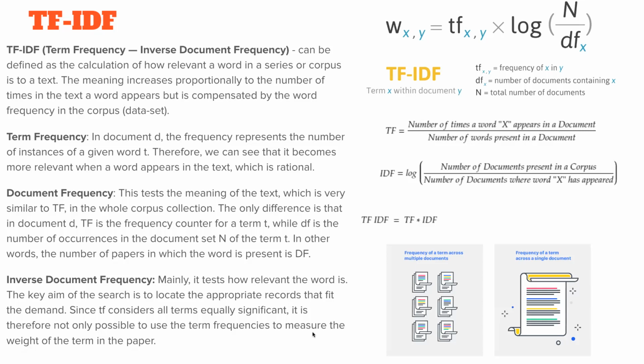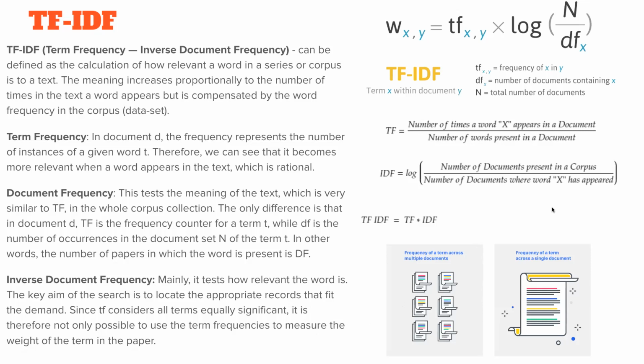Mainly, it tests how relevant the word is. The key aim of inverse document frequency is to locate the appropriate records that fit the demand. Since term frequency considers all terms equally significant, it is therefore not only possible to use the term frequencies to measure the weight of the term of the paper. So you also have to do inverse document frequency.